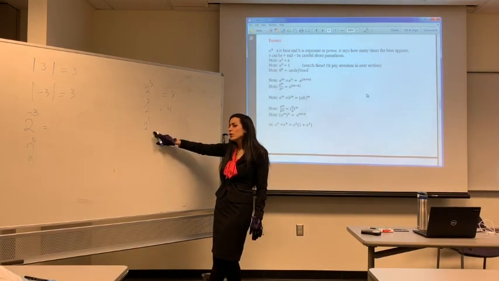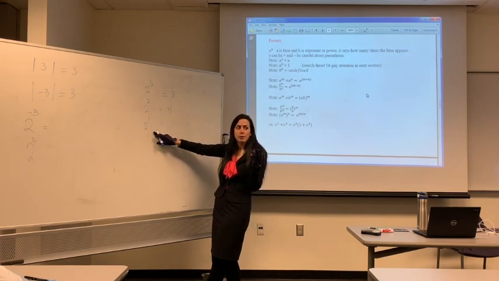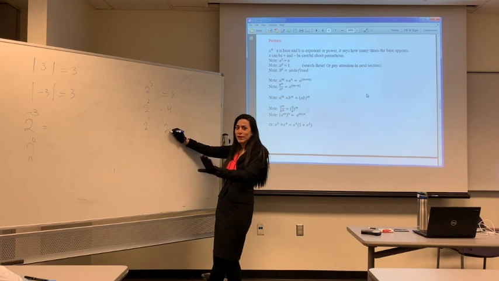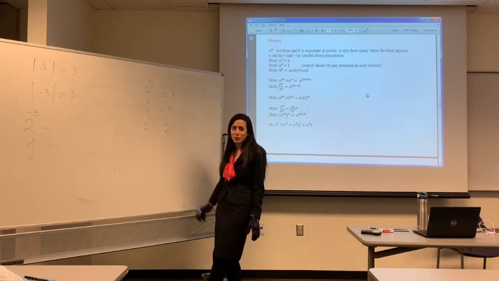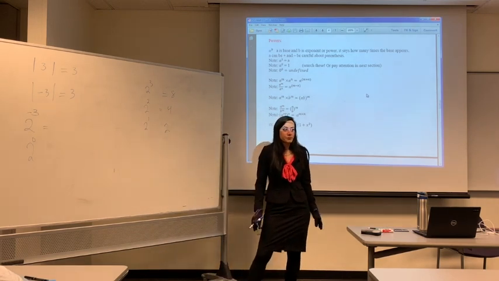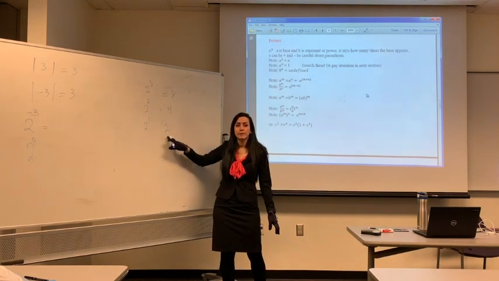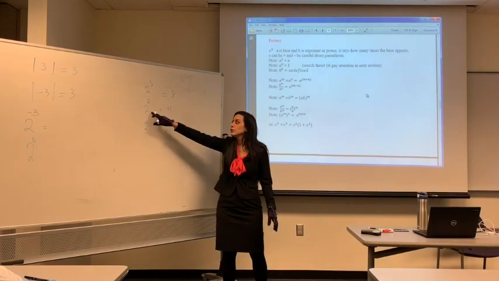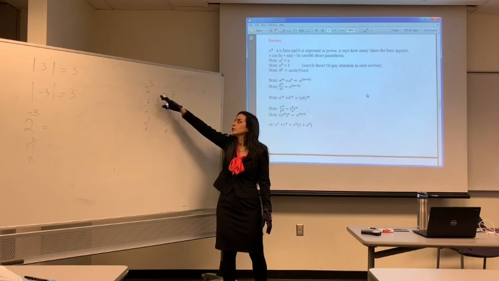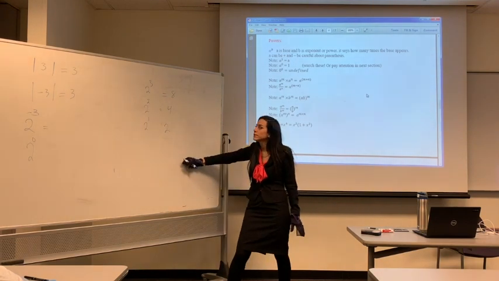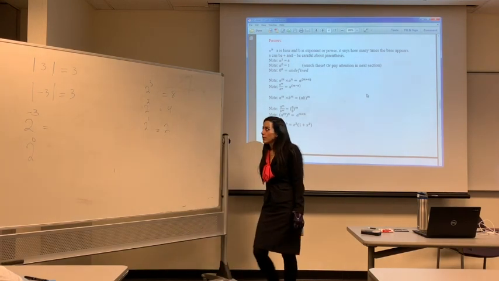And this one, if power is 1, means just multiply 2 to itself 1 time. Means just keep the 2 the way it is. You're not multiplying anymore to anything, correct? So 2 repeats just once. 2 repeats 2 times. 2 repeats 3 times.